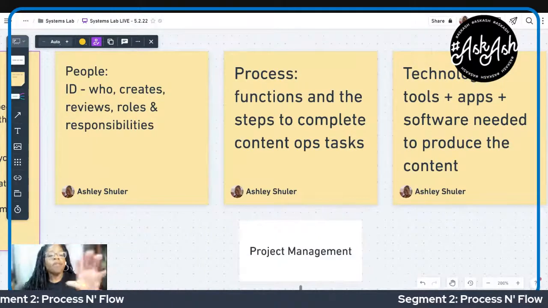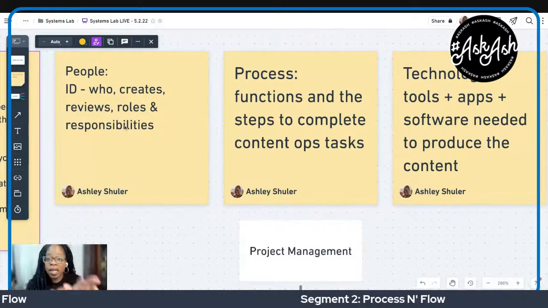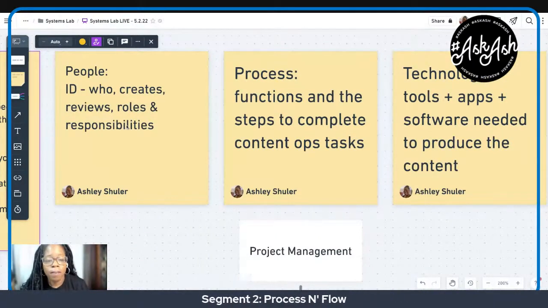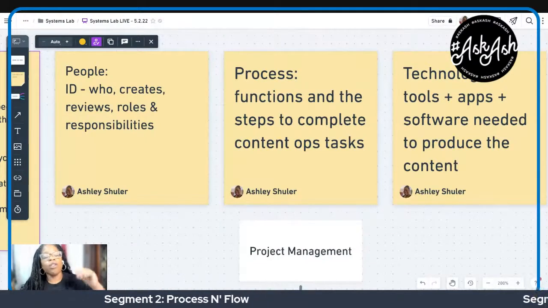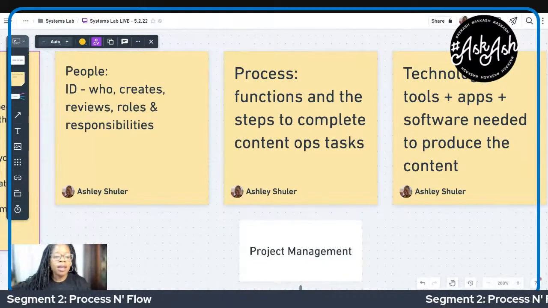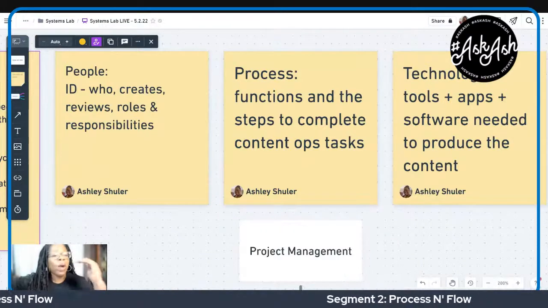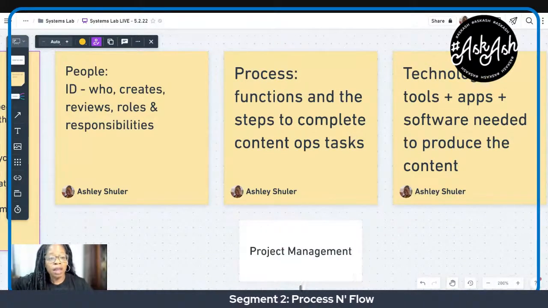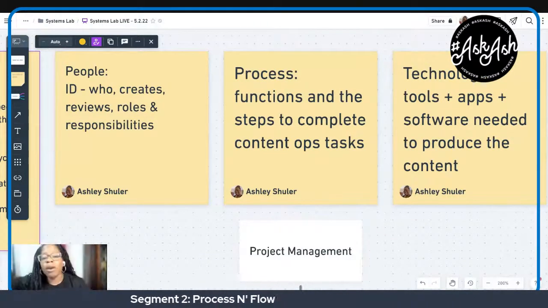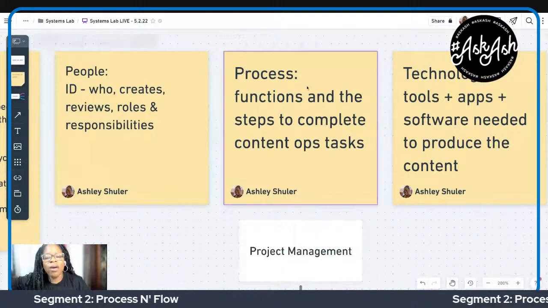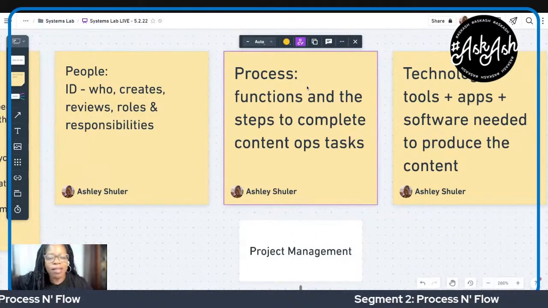All of these people make up the people piece of content ops. You want to make sure that the roles are clear and people know what they're doing, when they're doing it, and why they're doing it. And most importantly, you need to know how they're connected in the process.